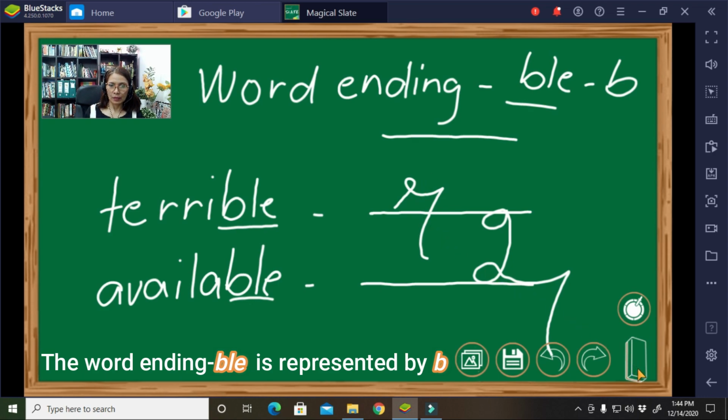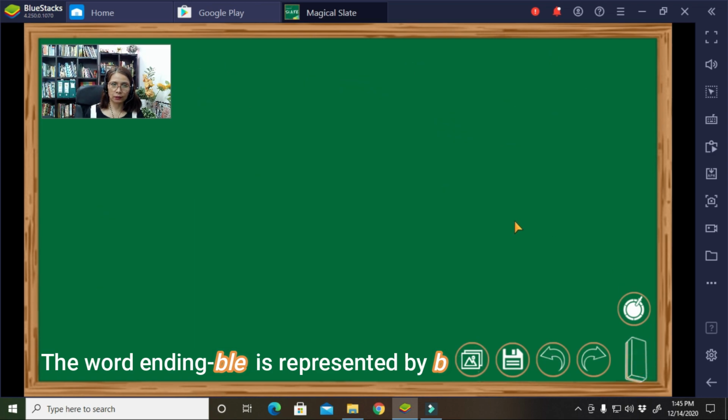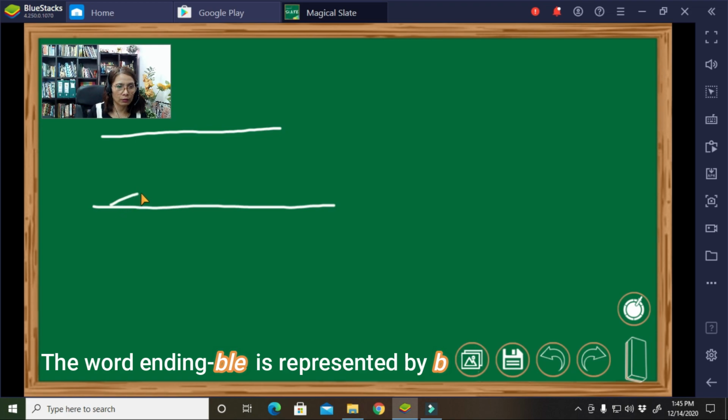Okay, now it's time for you to read. Let's have another example here. This one is your up forward curve, followed by a big circle, then a downward curve occupying 1/2 of the space, and the word ending B. What is the word?